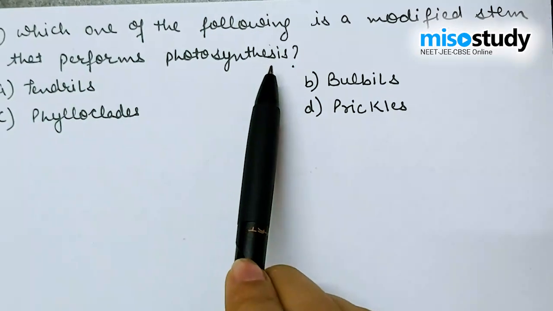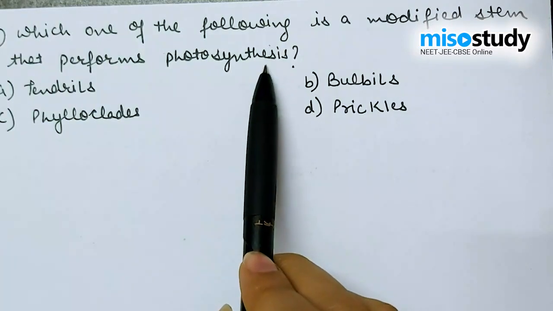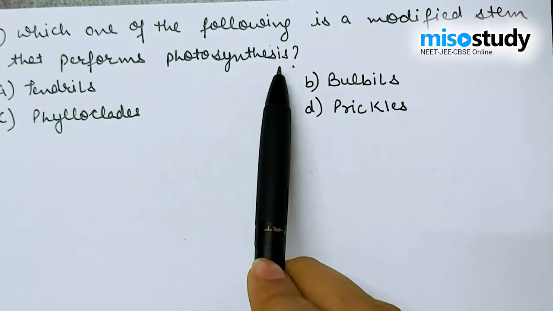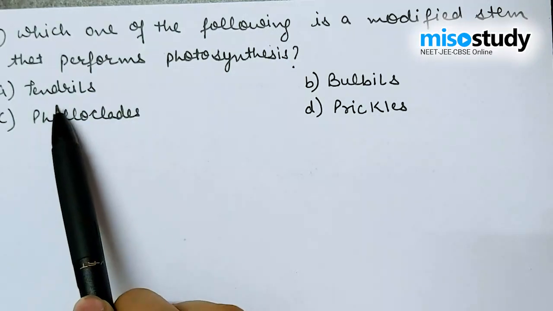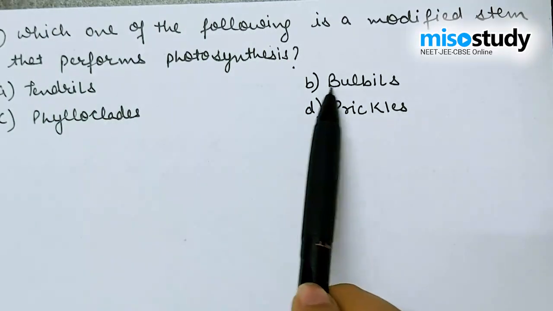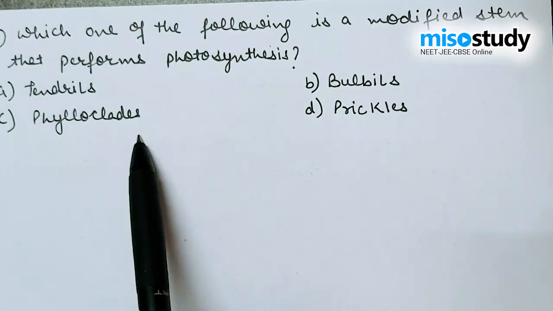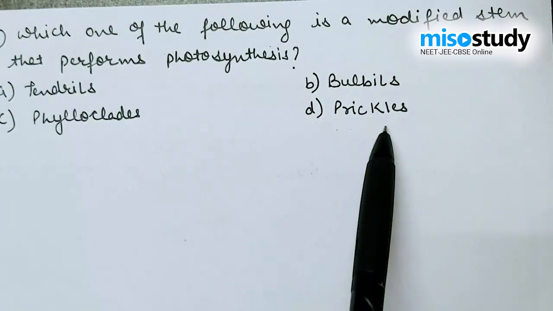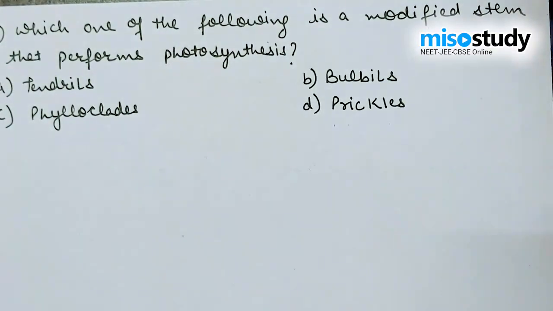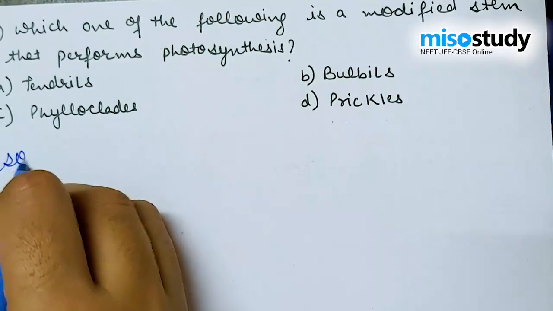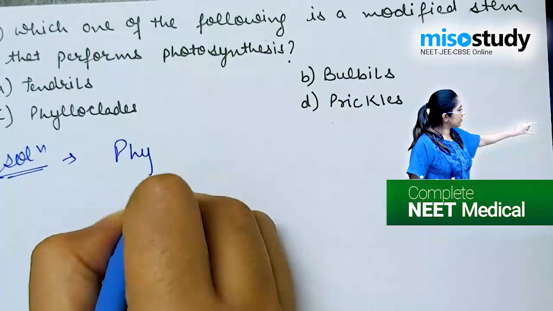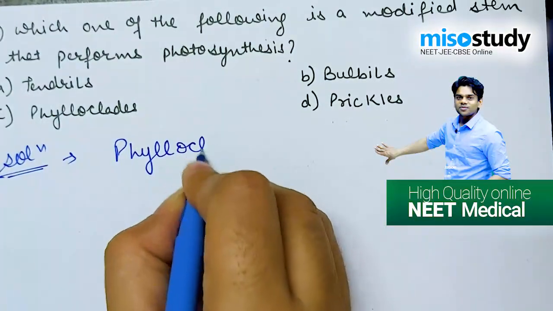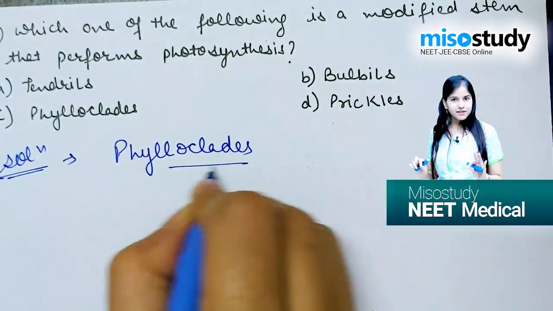As we all know, photosynthesis is the process in which plants are able to make their food by themselves. Options are A, tendrils, B, bulbils, C, phylloclades, and D, prickles. When we discuss the question, the first thing that comes to mind is phylloclades.